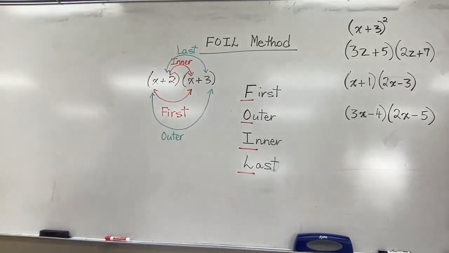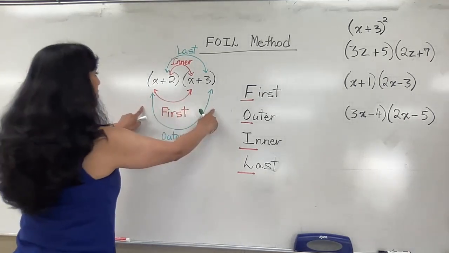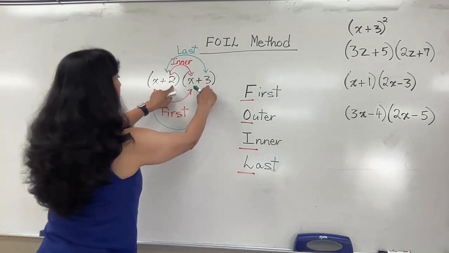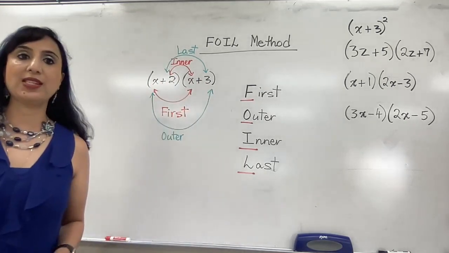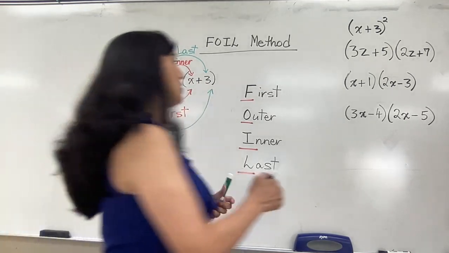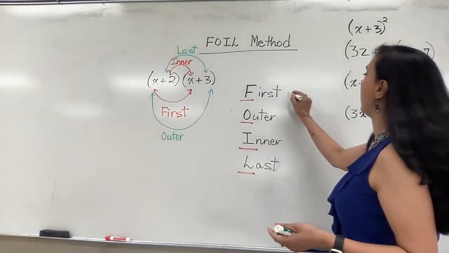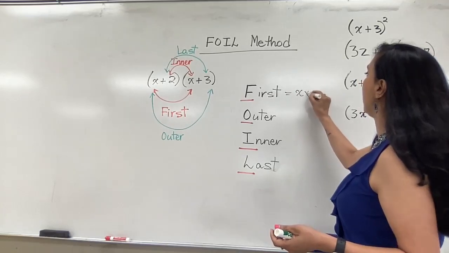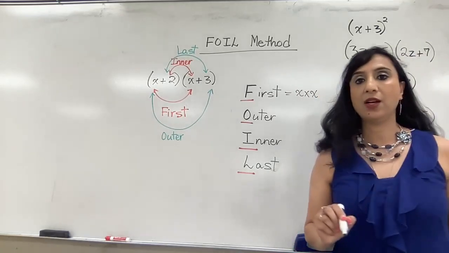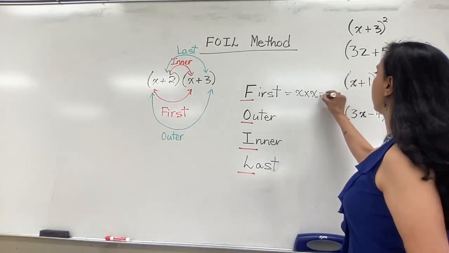I just wanted to show you what we are multiplying with what. We have the first terms, which are these two, the outer terms, the inner terms, and the last terms when we start multiplying. If I look at the first terms, this is nothing but x times x, which gives me x squared.